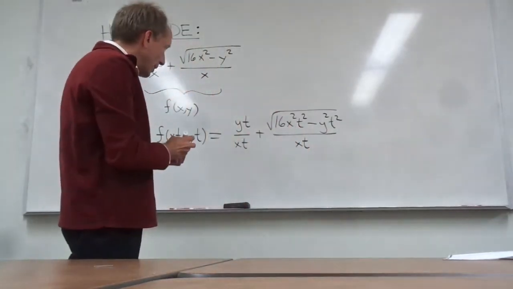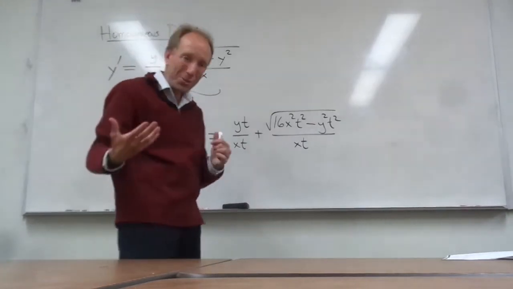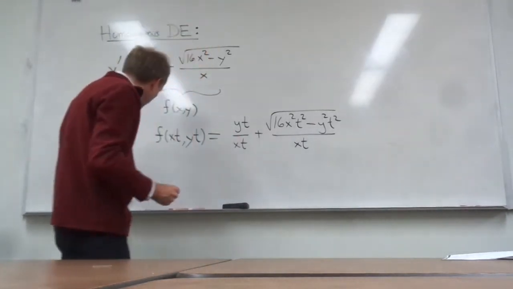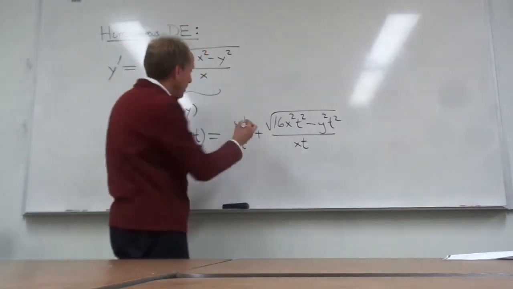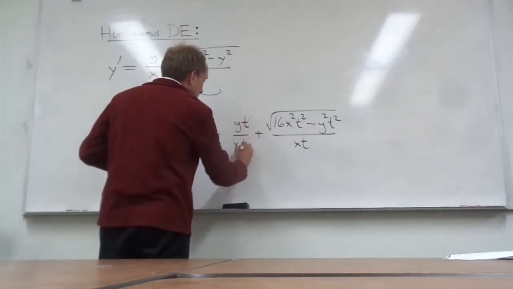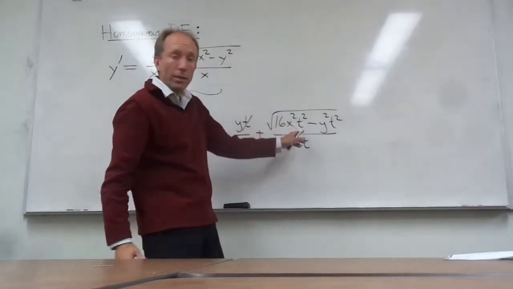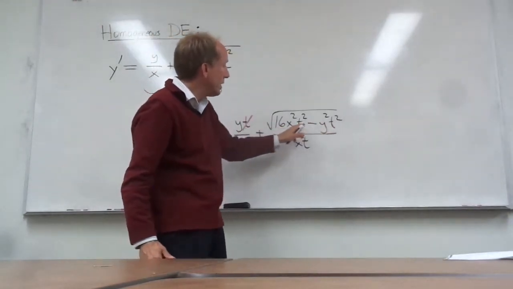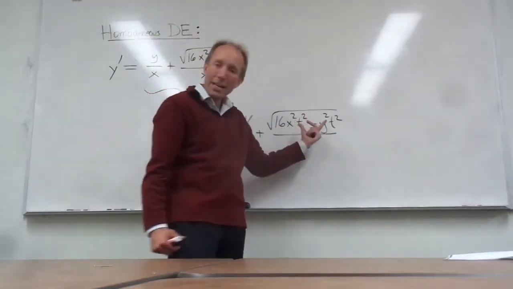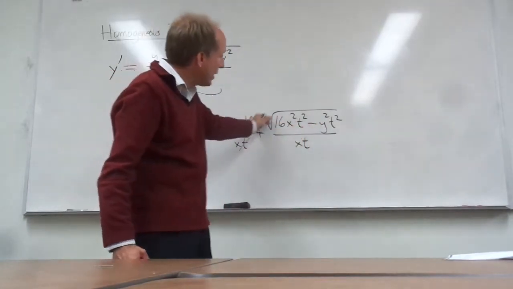And the question is, can you get all of those t's to cancel out? Well, the answer is yes, you can. Certainly right here, we can cancel these t's in this expression. Over here, we would need to factor a t squared inside of that radical, and then we're taking the square root of it.